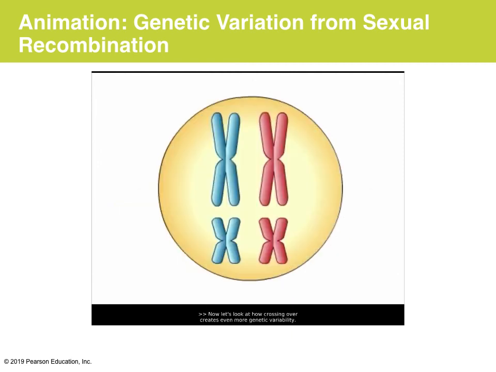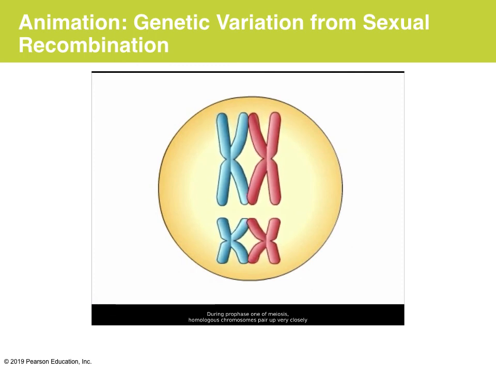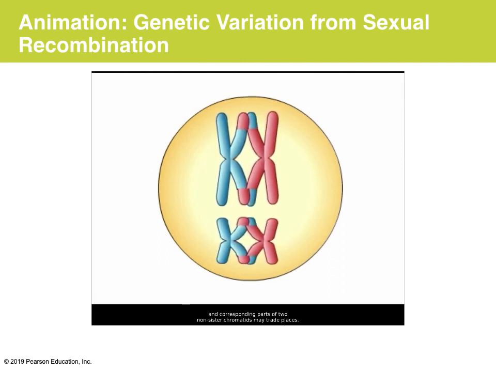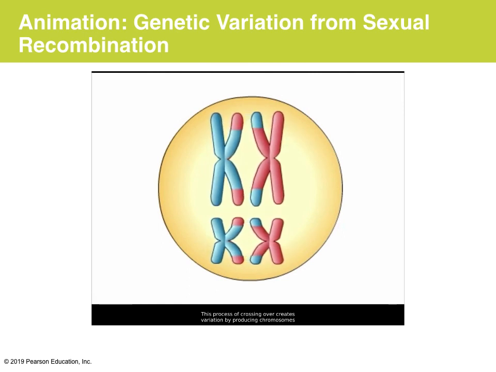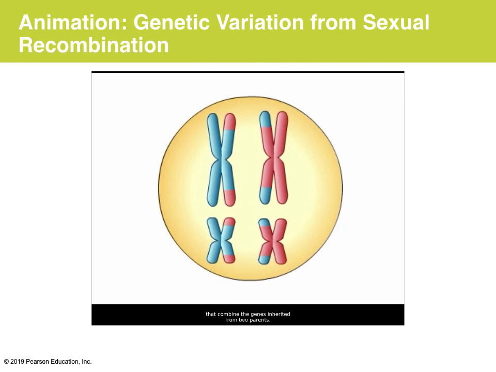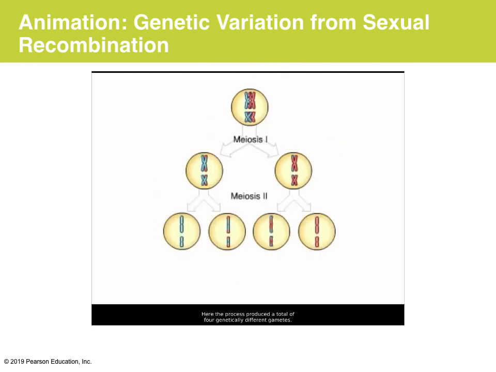Now let's look at how crossing over creates even more genetic variability. During prophase 1 of meiosis, homologous chromosomes pair up very closely, and corresponding parts of two non-sister chromatids may trade places. This process of crossing over creates variation by producing chromosomes that combine the genes inherited from two parents. Here the process produced a total of 4 genetically different gametes.